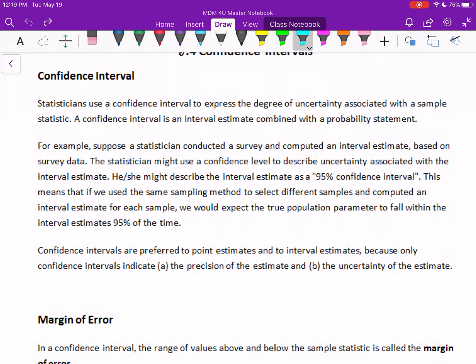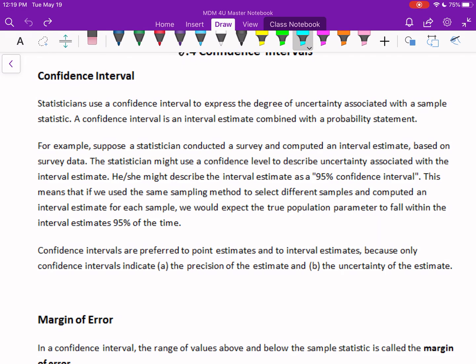So I'm giving this range of values, 10 to 15 hits, and I'm 90% certain that somewhere between 10 and 15 hits are going to occur in the game. That's the idea of a confidence interval. I've given this range of values, and I've also given a percentage probability going along with it.